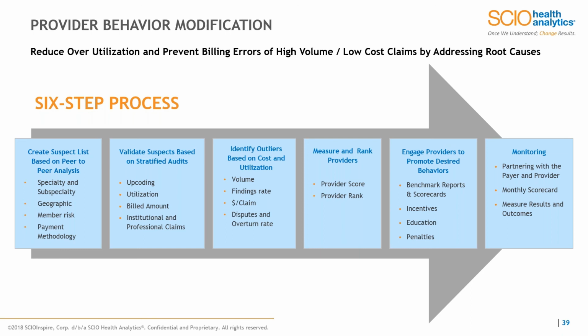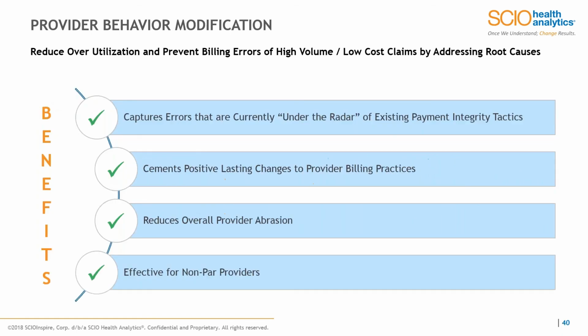Like prepayment audits, behavior modification delivers value by reducing payment errors, but it also reduces medical expense through lower utilization. The solution captures new under-the-radar opportunities and hard-to-recover scenarios, such as non-PAR providers.